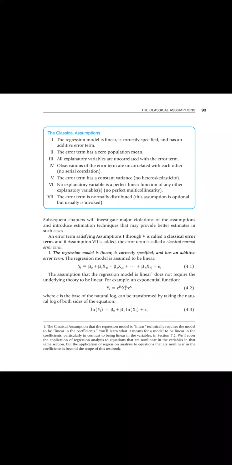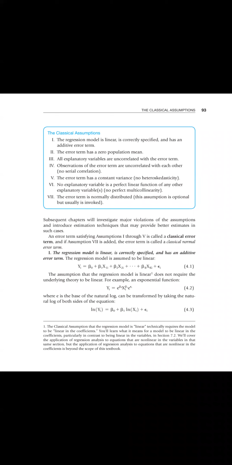So that's an example of when the underlying theory is not exactly linear, but at the end of the day, we make it linear by introducing natural logarithms. Which means under those circumstances, we can basically use the OLS.